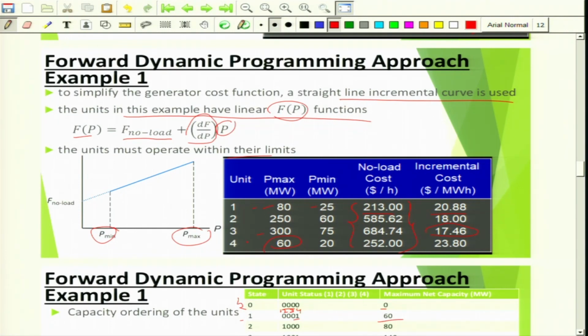You cannot operate them at 0. That means 25 and 20 megawatt need to be catered by unit 1 and 4 respectively, right? So among 150 you subtract 45, so the remaining 105 will be allocated to unit 2, right?